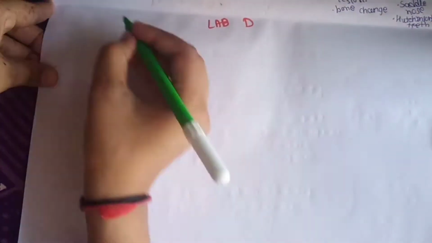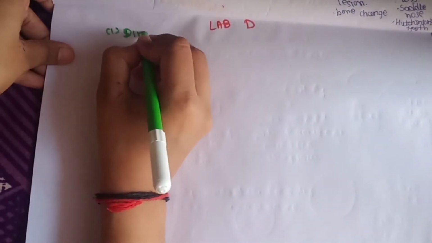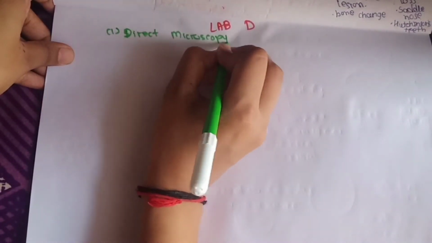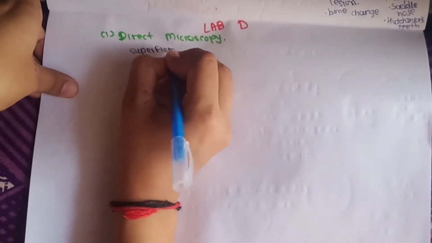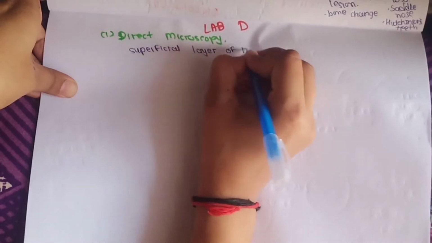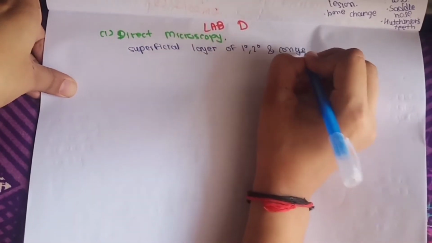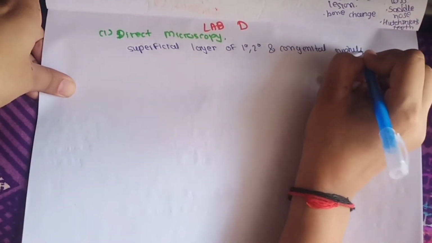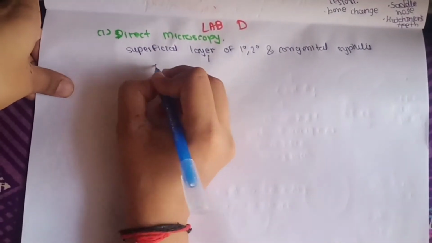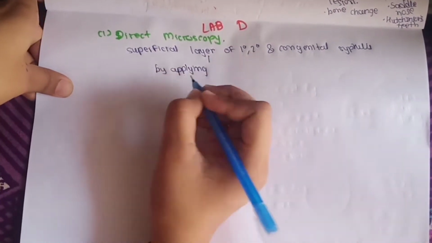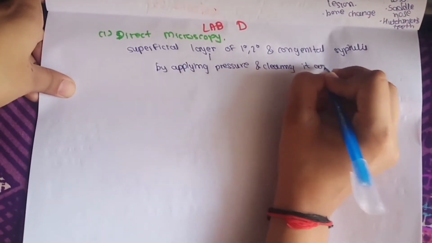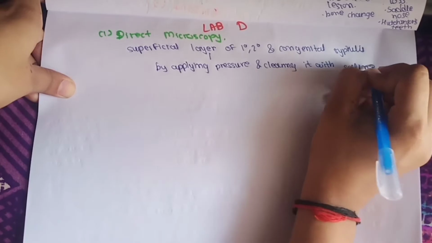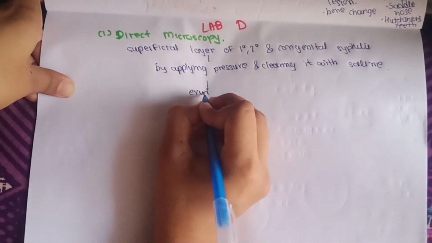The very first method is direct microscopy. Now, this direct microscopy can be done from the superficial lesions of primary syphilis, secondary syphilis, and congenital syphilis by applying pressure and cleaning the lesion with saline, and the exudate will be collected.